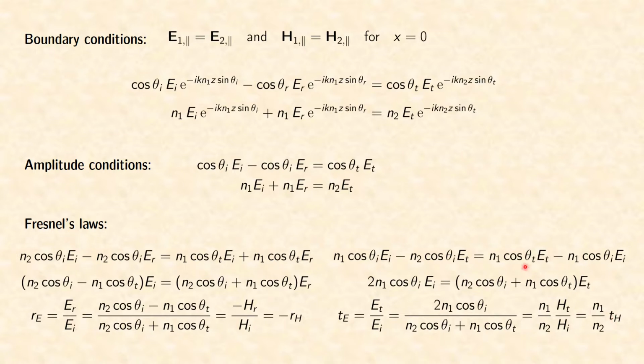So we finally are completed. So we know now the direction of the reflected and the transmitted wave, and we know the amplitude. However, in the same way as for the TE wave, we have to take some considerations for the case of total internal reflection.